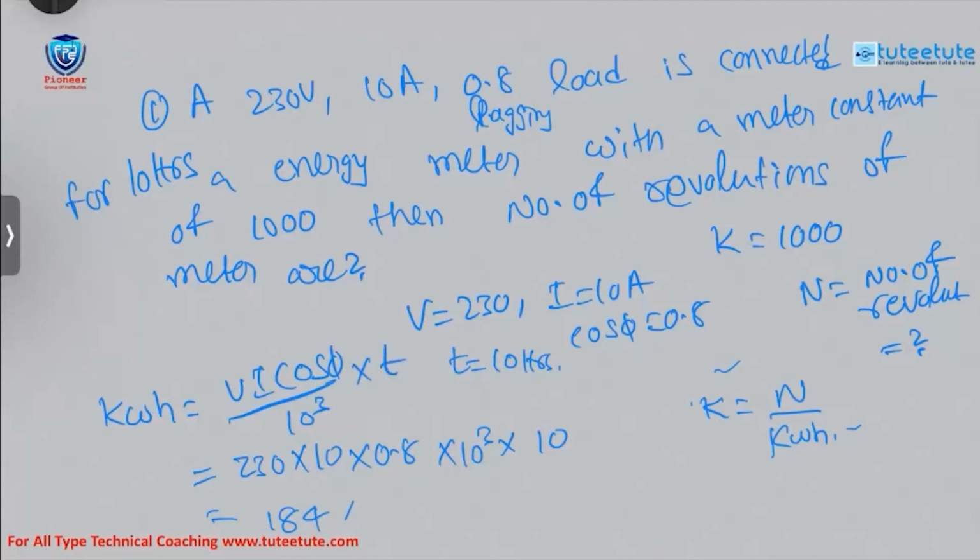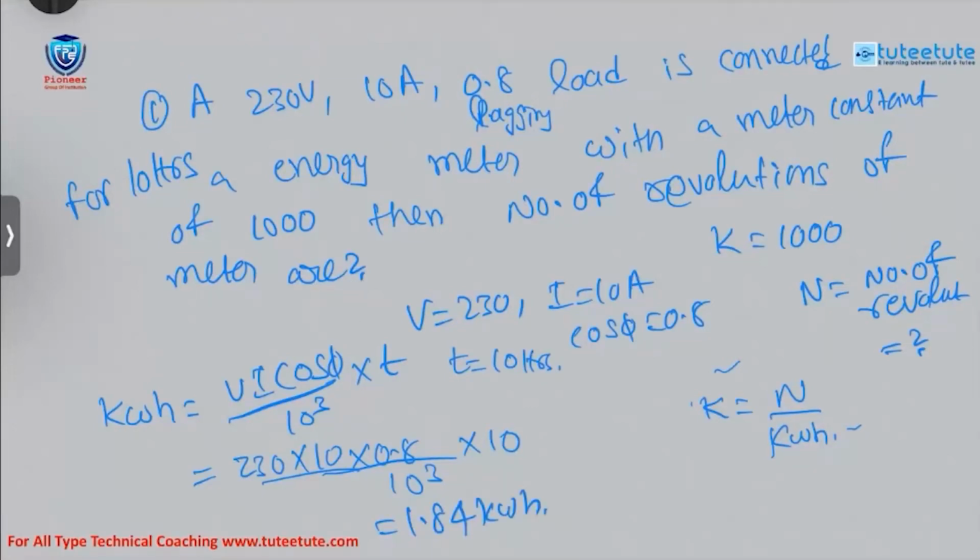We need to convert the watts into kilowatts, so we divide by 10 cube. Substituting 230 into 10 into cos phi 0.8, divided by 10 cube, into T for 10 hours, the answer is 1.84 kilowatt hour.